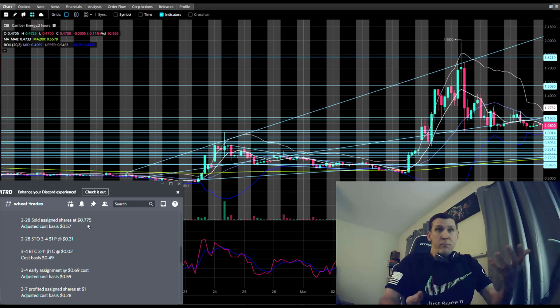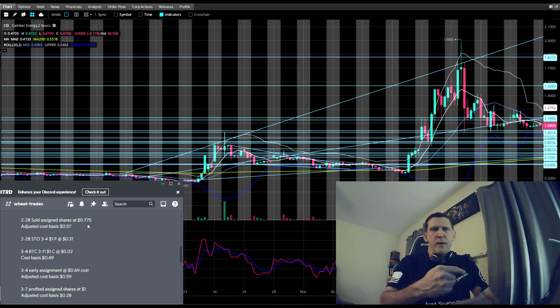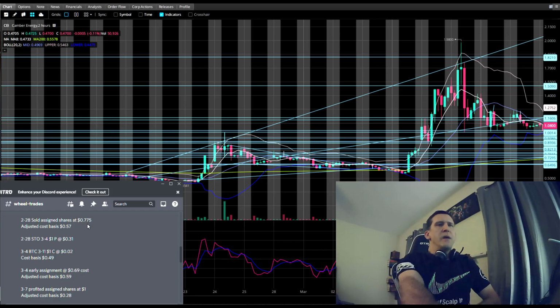That is a capital gain on the position that I was assigned, and therefore that also will offset the cost on the rest of my remaining position, because I only sold the share count I was assigned. So it brought me back down to 57 cents a share. On the 28th, I also sold to open a March 4th expiration $1 cash covered put at 31 cents a contract.